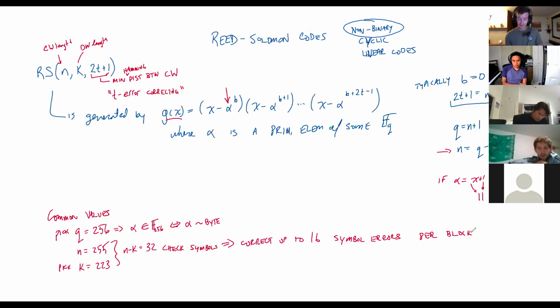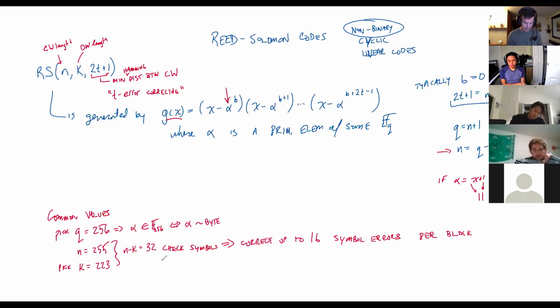This is important because I'm not talking about bit errors anymore, so we have to do an extra layer of analysis to understand what this buys us. I'm not going to go into the proof of why this can correct 16 symbol errors, but it has to do with parity checks on things that are no longer just bits, but multidimensional symbols. The idea is that we've expanded our Hamming spheres because we're using things in larger spaces, or larger fields, I should say.